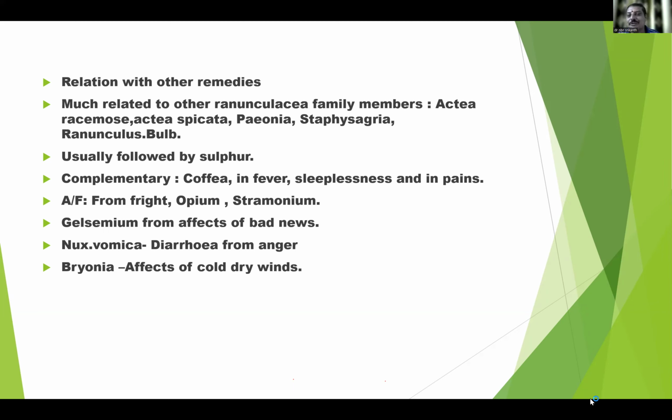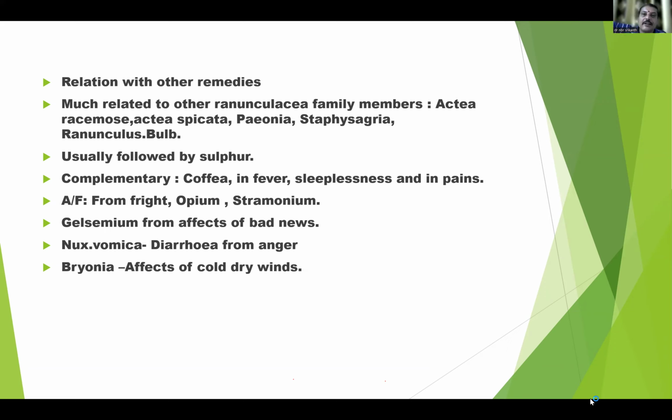Whereas aconite is usually coupled with something violent, fright, fear. That will be unexpected fear, unexpected bad news, like gelsemium from effects of bad news. So you all know gelsemium. It has this idea of complaints from bad news.